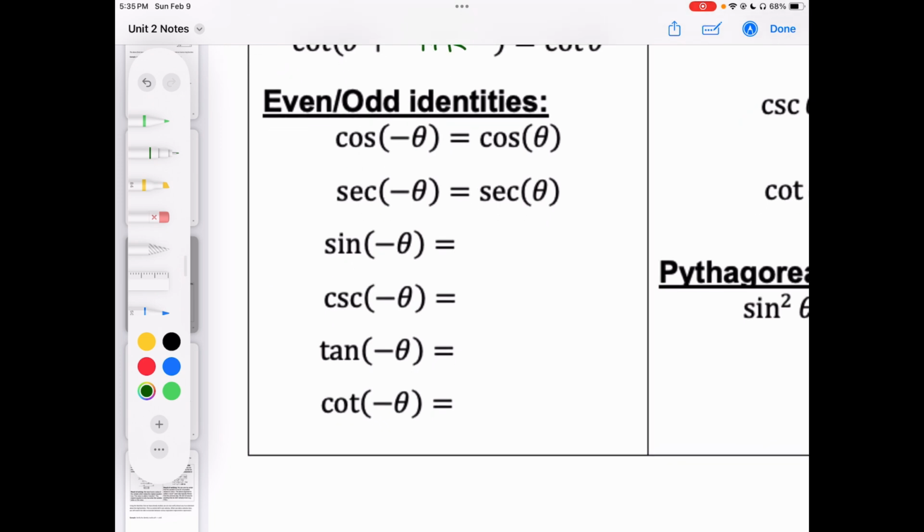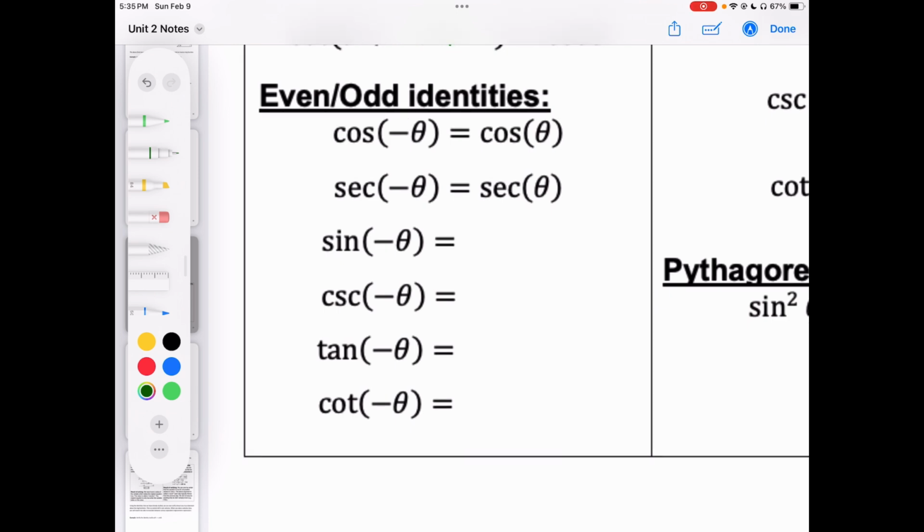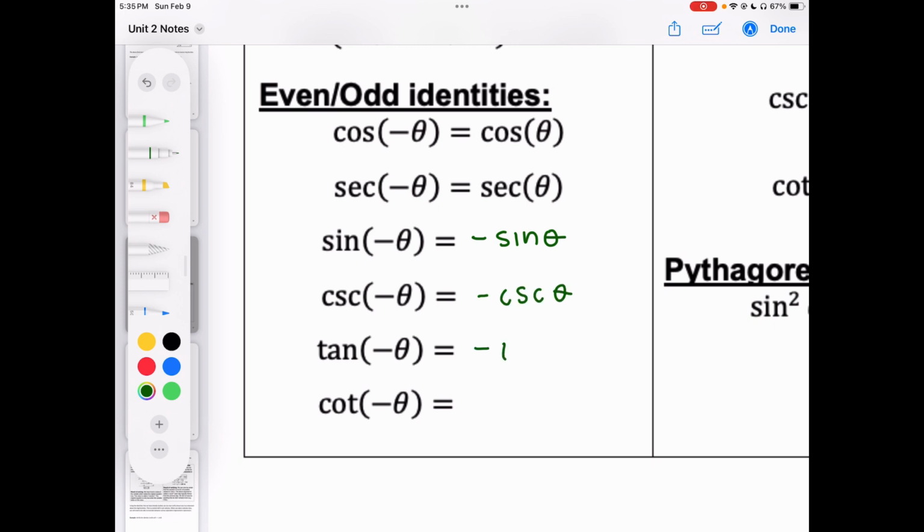So cosine and secant are the only ones that when you put a negative input in, you still get a positive output. Whereas sine and tangent and their reciprocals, you can essentially bring out that negative to the front. That's going to be the case for all of these guys. Okay.